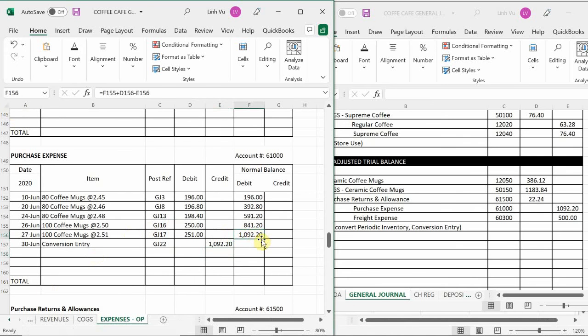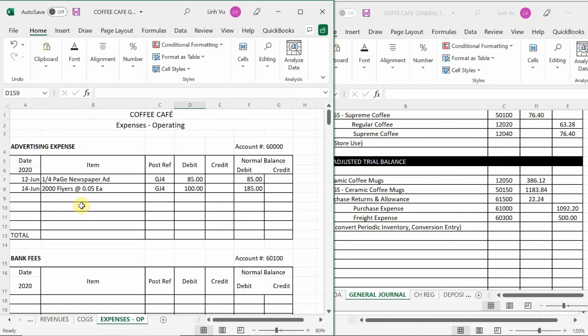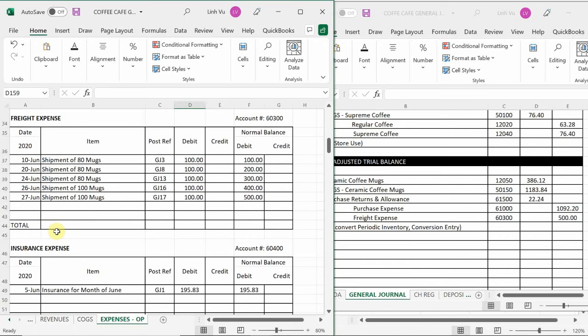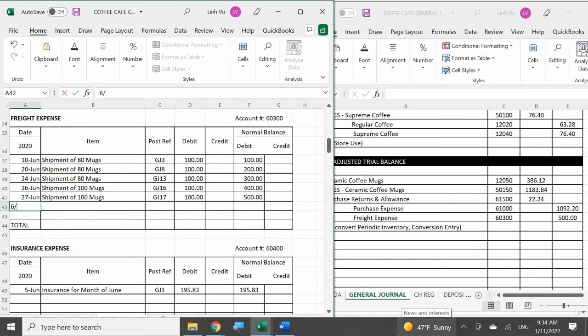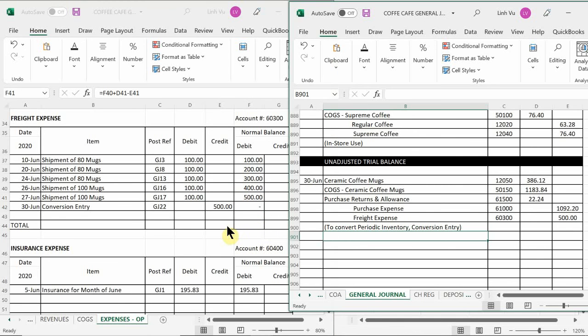And this also brings my account down to 0. And last but not least, we need to also credit our freight expense for the $500, which brings this to 0. All right.